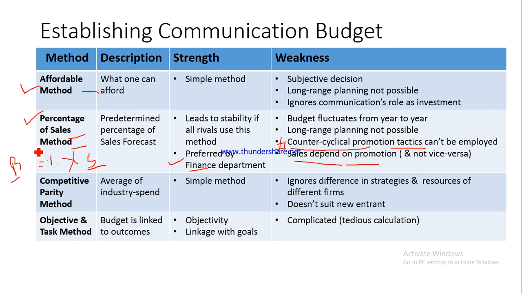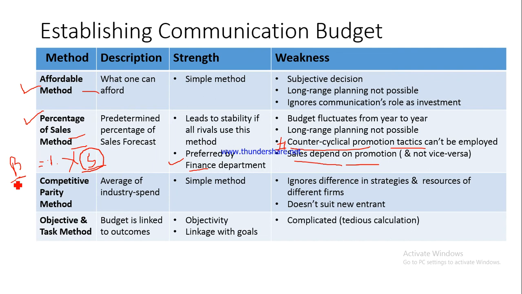However, this method does the exact opposite. It does what? It decides your budget according to whatever your sales forecast is. So basically here the budget is dependent, the communication budget is dependent on sales forecast. Here the communication campaign is dependent on sales forecast. While the reality is that the sales forecast is dependent on the communication campaign.